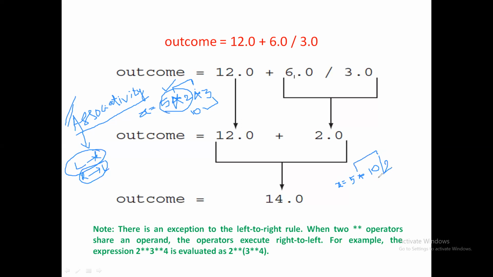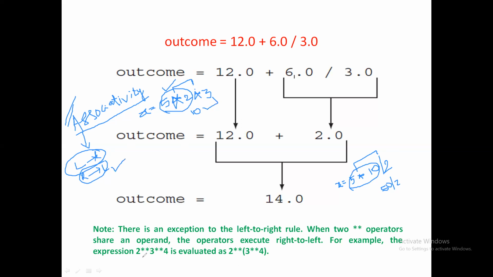Therefore, because arithmetic operators follow left to right associativity, particularly this star and division, the first operation that should be done is 5 into 10, that is 50, and then 50 by 2 will give us the actual answer, 25. That is how left to right associativity works. But some operators use right to left associativity.